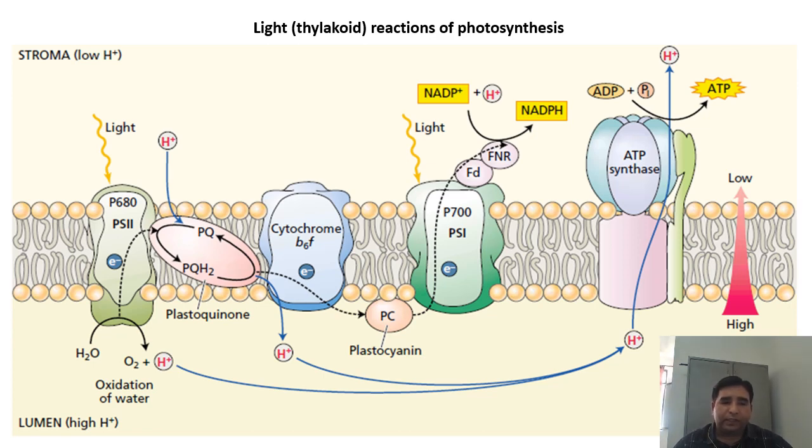We can see that the reaction starts with the oxidation of water. Here inside we can see the lumen of the thylakoid and this is the stroma, the outer space of the thylakoid. The process starts with the oxidation of water with the strike of light on photosystem 2.